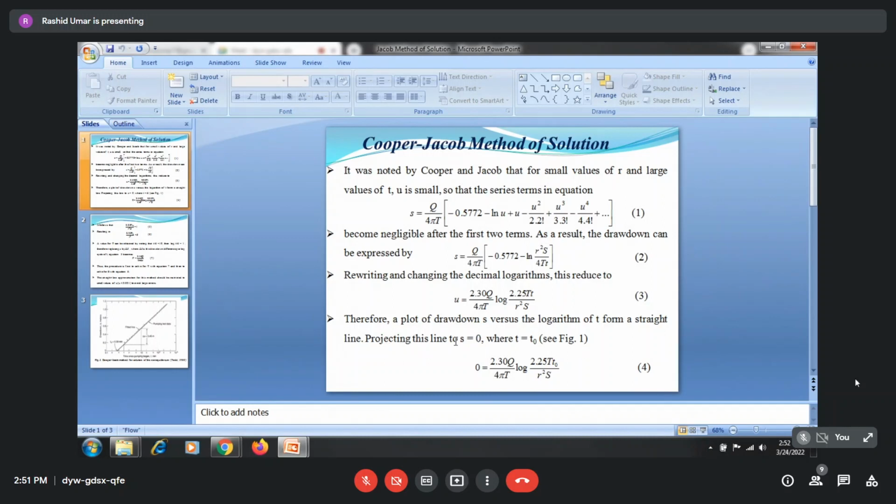And then we project this line to s equal to 0, where the drawdown will become 0. And this t will be t0.